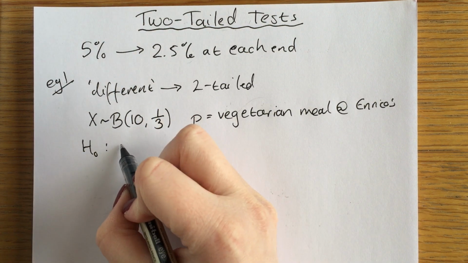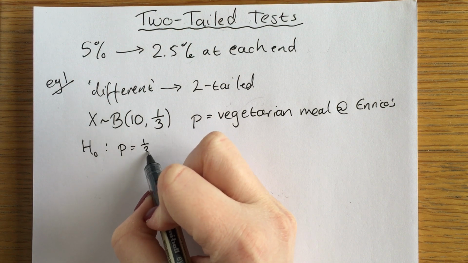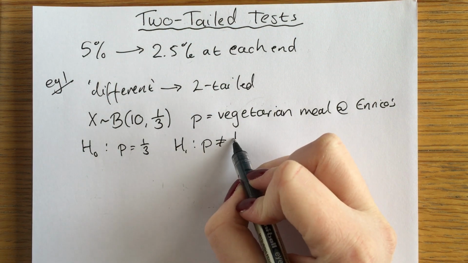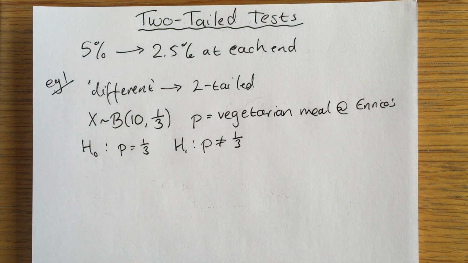Our null hypothesis is that the probability is 1/3. Our alternate hypothesis is simply that the probability is not equal to 1/3. We don't know if it's one way or the other, we just know that it's not equal to 1/3.